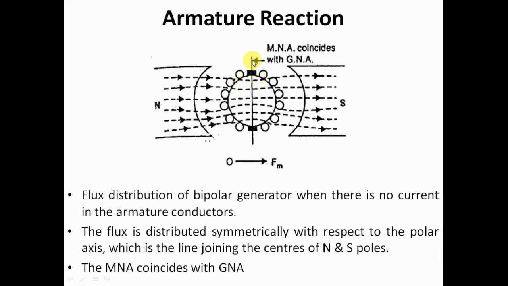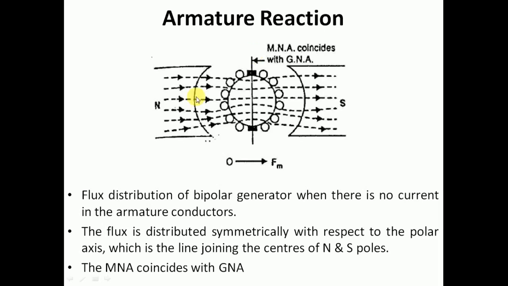The position of the magnetic neutral axis is not constant. It keeps on shifting. Only in the case of a no load DC generator, the magnetic neutral axis will overlap with the geometrical neutral axis. Don't get confused with the definitions of geometrical neutral axis and magnetic neutral axis. Both are different.